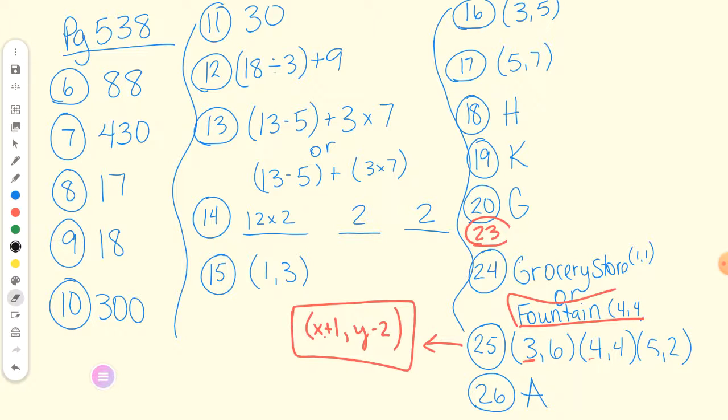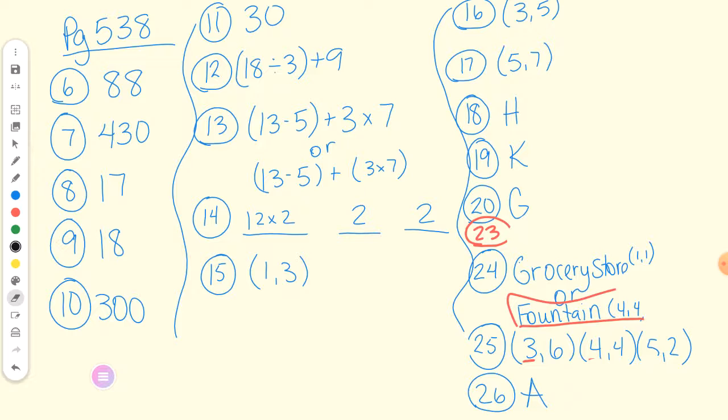Erase some. Can't erase it all. Okay, you're going to check your own answers in just a minute. I want everybody to go and look at problem number 23 first. I want to talk about 23, 24, and 25. Besides that, I'm going to have you check and correct your own. And if you need me, just raise your hand and I can come help. But I want to discuss 23, 24, and 25.